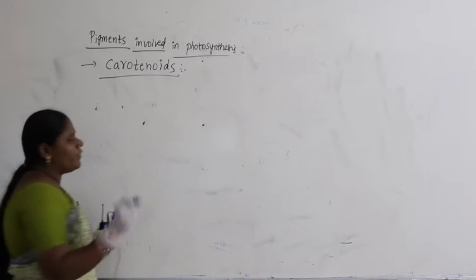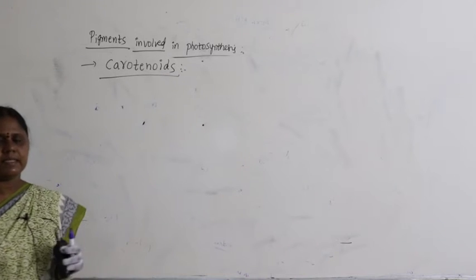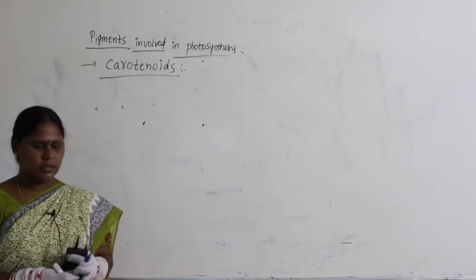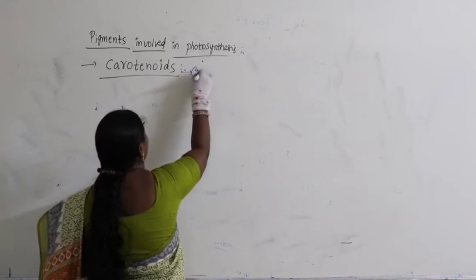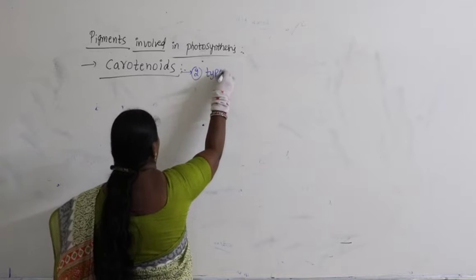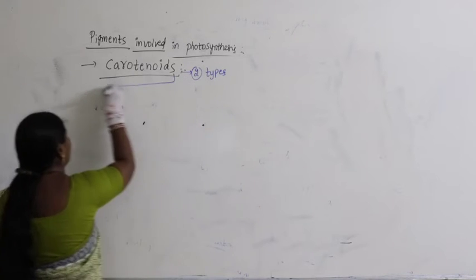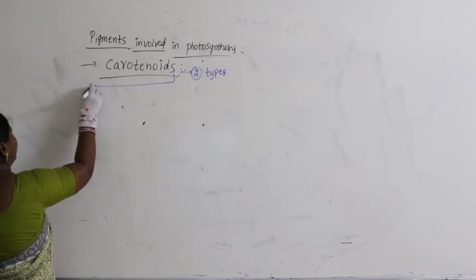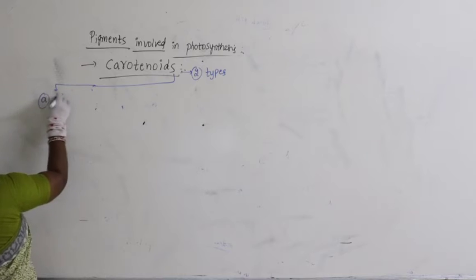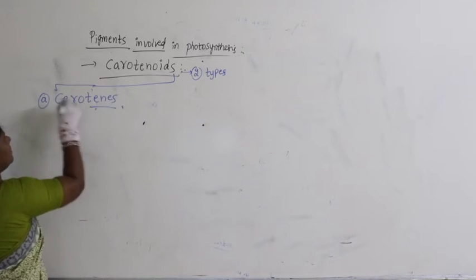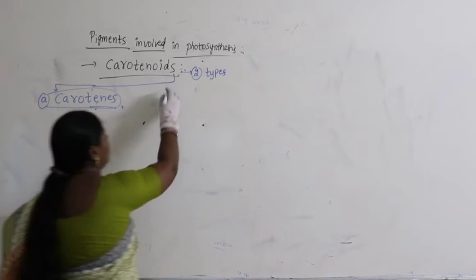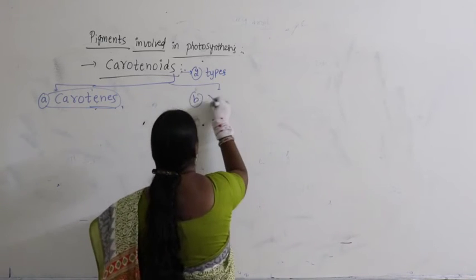Along with the chlorophyll, carotenoids also play an important role in photosynthesis. Now, these carotenoids are of two types. In case of higher plants, what are they? Let us take them as carotenes, try to remember, and the other one as xanthophylls.